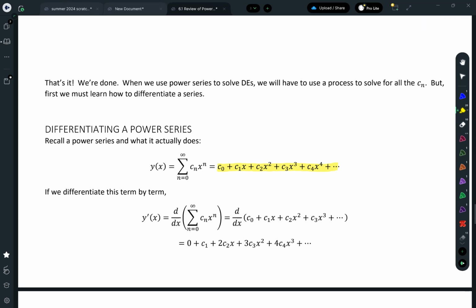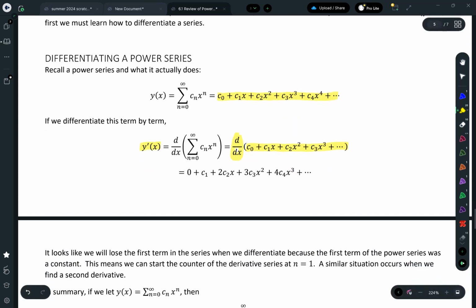If I differentiate this term by term, y prime of x, it's just taking d dx of that form that I have written out above. Now notice if we distribute the d dx through, the c naught goes to 0. c1x becomes c1. c2x squared becomes 2c2x. c3x cubed becomes 3c3x squared, and so on and so forth.